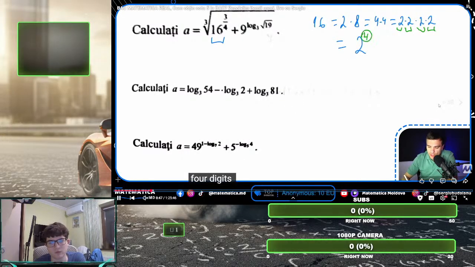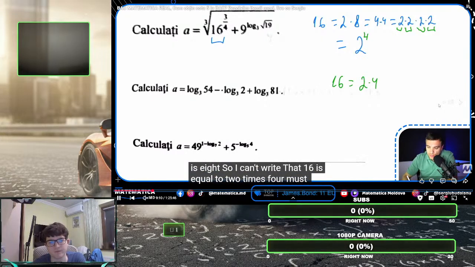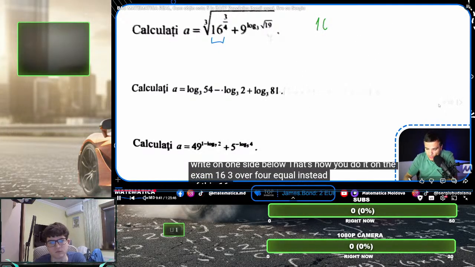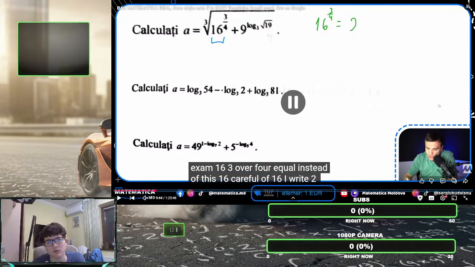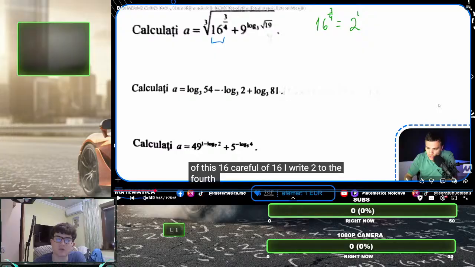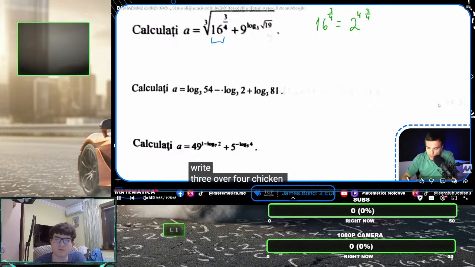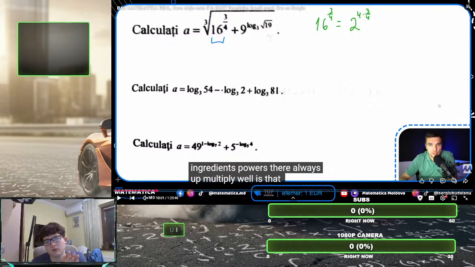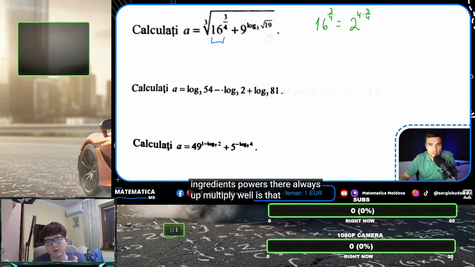Two to the power of 4. If it's 2 to the power of 4, then we gotta write down 2 to the power of 12 divided by 4, which is 3, so 2 to the power of 3, that's 8, right?